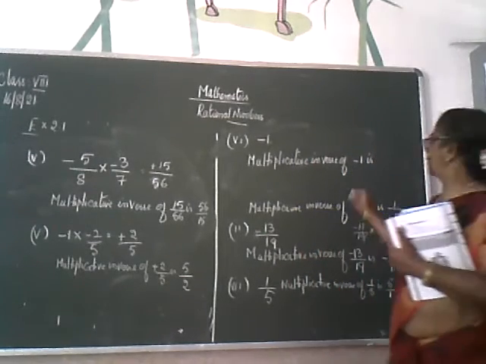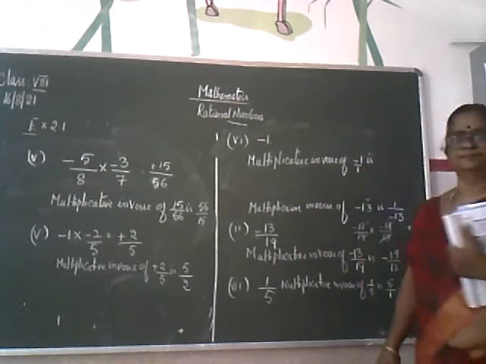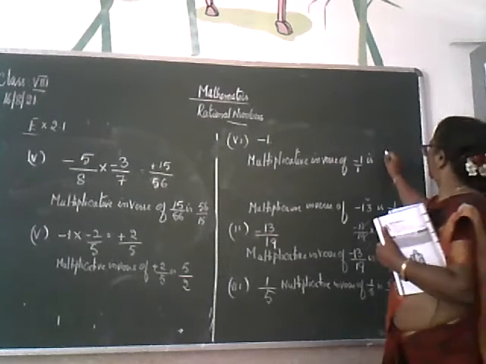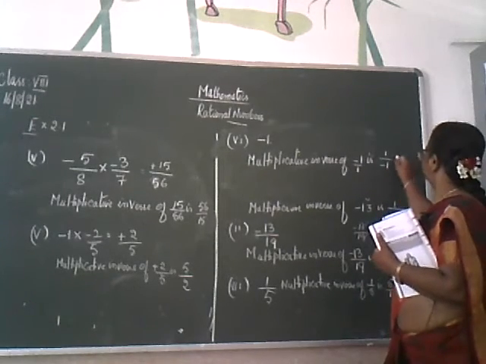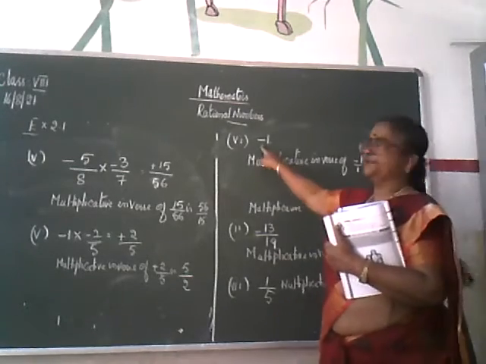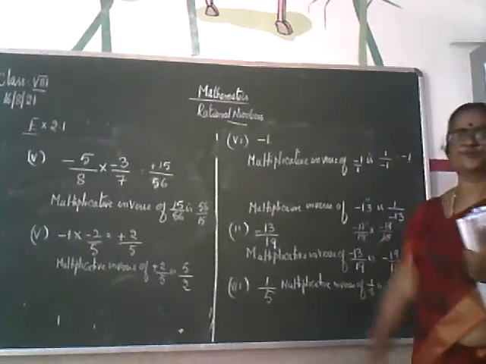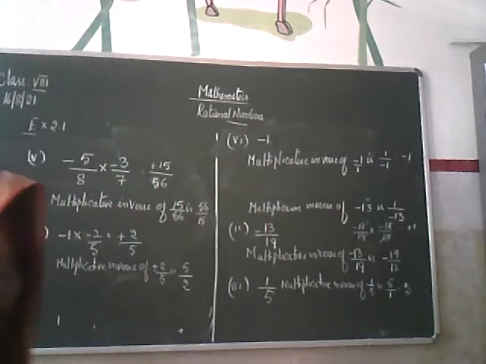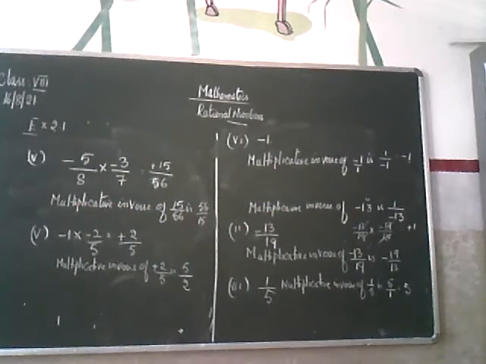So you must write the reciprocal. So write it in the form of p by q. 1 by minus 1, which is minus 1. So what is the reciprocal, the multiplicative inverse of minus 1? Minus 1 itself. Okay? The same thing you will get. Next.